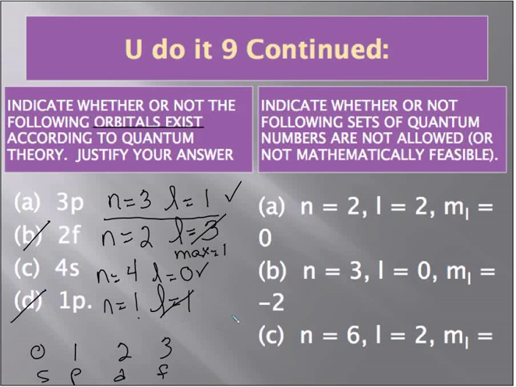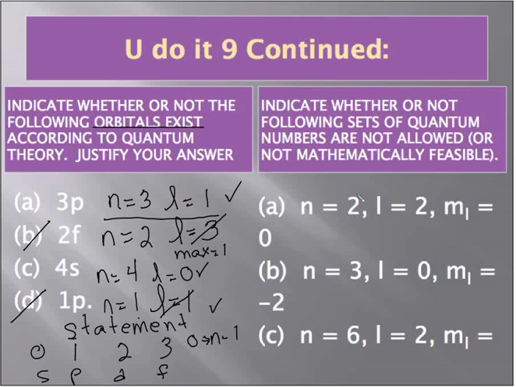So that can't be. The max is 0 for that one. So that doesn't work. So putting the designations there is good, but also in your justification, you want to make some sort of a statement about L going from 0 up to a max of n minus 1.